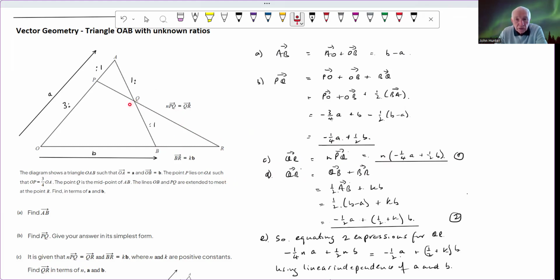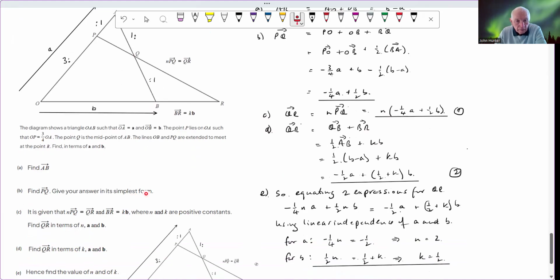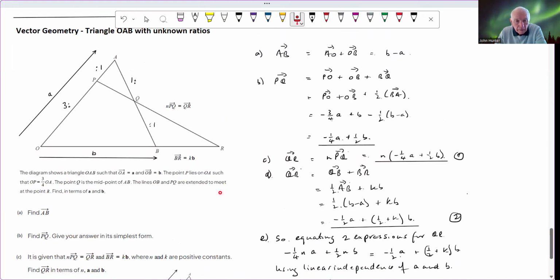But we could actually choose a different route. We could do this. We'll get the same vector. We're still going to get QR even if we go via B. So if we write QR equals QB plus BR, then QB is going to be half of AB.